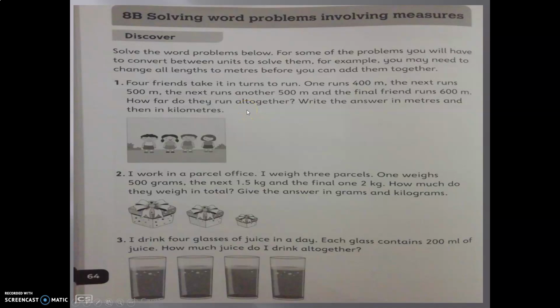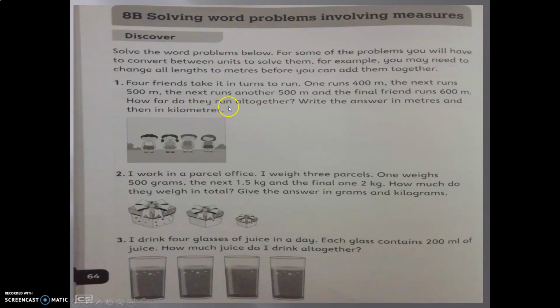So all together, can we make plus between these numbers? Yes, because they are given in the same measuring unit, meters. Also, he is telling you, write the answer in meters. It's easy for us. We can just add them together. And then in kilometers.